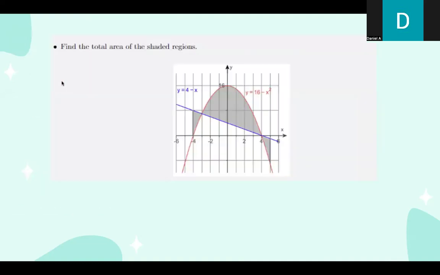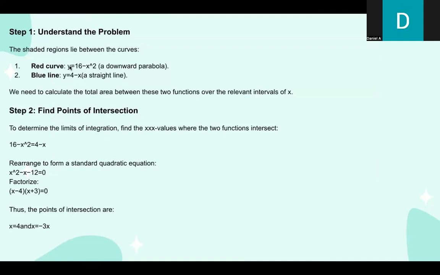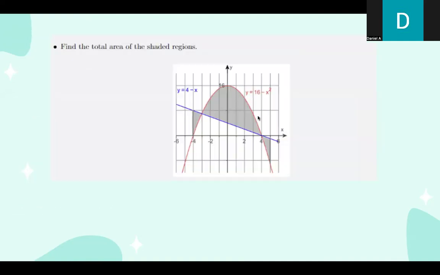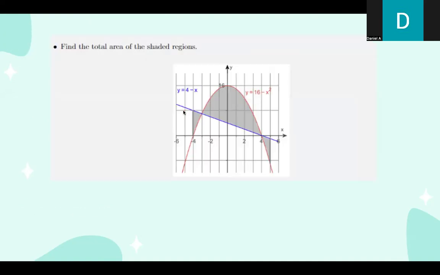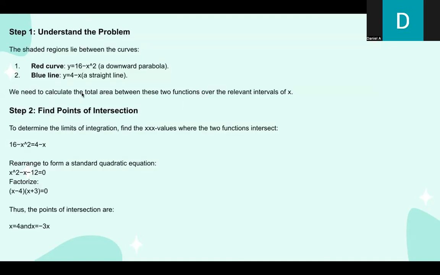The red curve right here is y equals 16 minus x to the power of 2, and it's a downward parabola. The blue line, which you see right here, is y equals 4 minus x, which is just a straight line. We need to calculate the total area between these two functions over the relevant intervals of x.